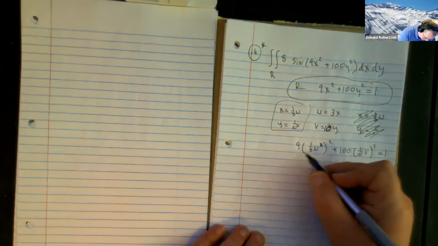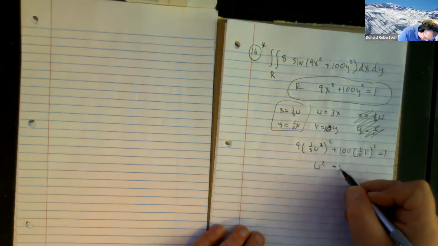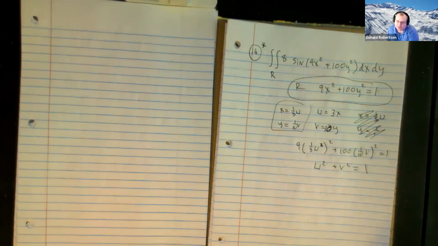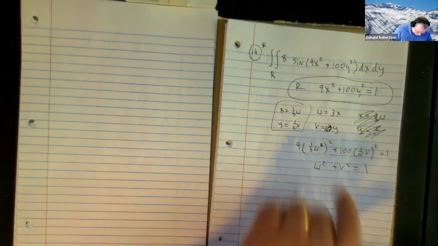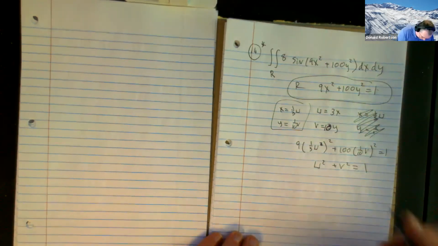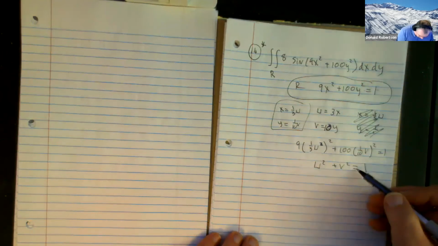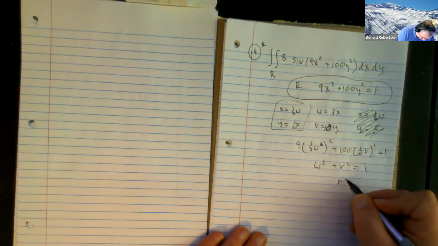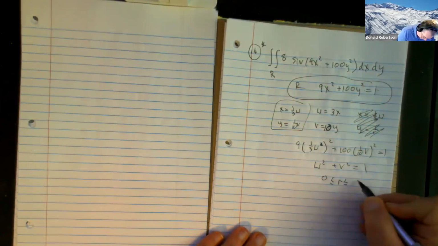And that gets you a 9th, and they cancel, and you get that guy. Can you see why I chose 1/3 u and 1/10 v? I could have chosen all sorts of things. That's the only one I can think of. Of course, that does mean that this turns into a circle, which is fine. Which means I'm also going to have to introduce a polar then, aren't I?